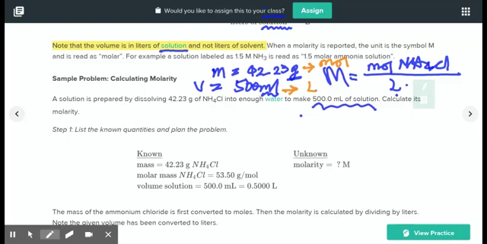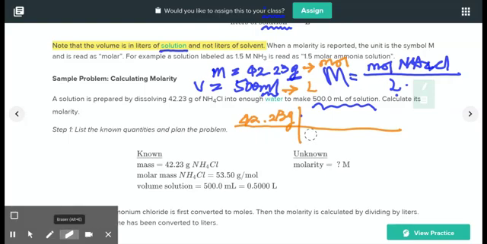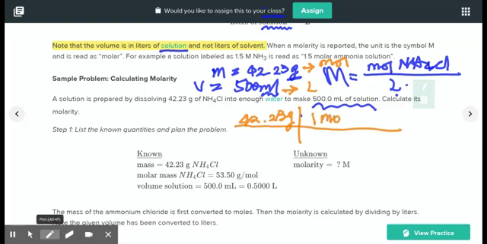Let's convert the mass to mole. Remember, we set up our conversion table. You start with 42.23 gram. You're converting that to mole, so you put 1 mole of NH4Cl on top. And then on the bottom, you put your molar mass.